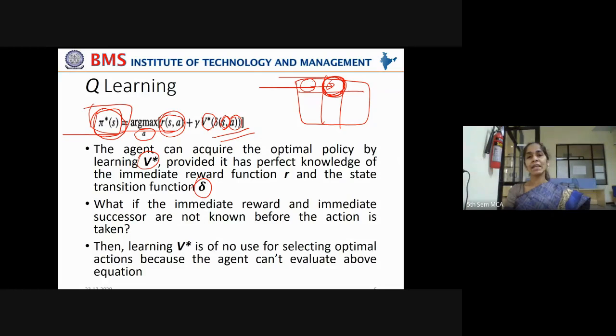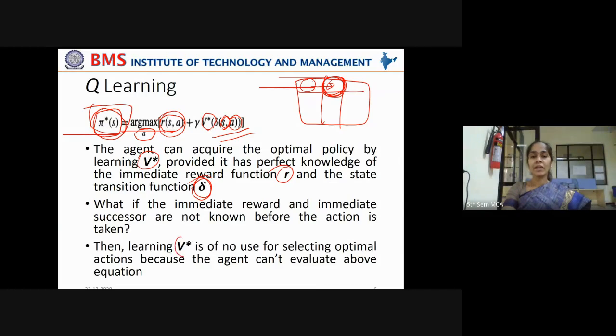But in most of the cases, these two values are not a priori available. A priori means beforehand they are not available. What if the immediate reward R and the immediate successor delta are not known before the action is taken? What is the solution in such situations?